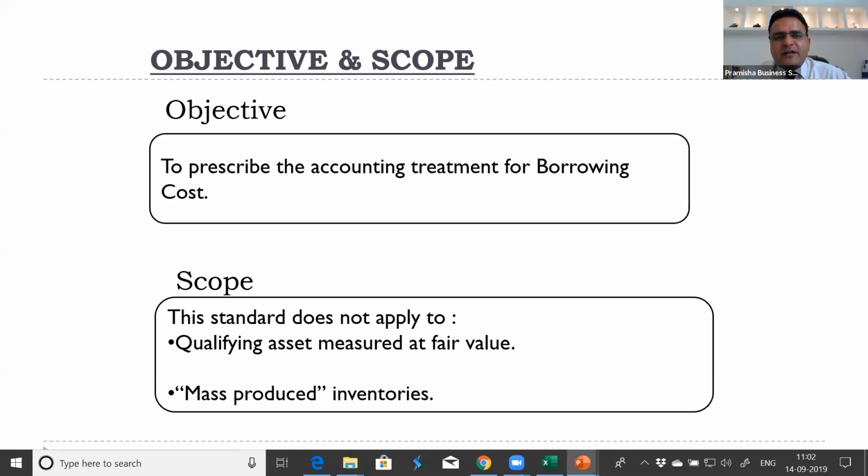So if you measure something at fair value, it automatically takes care of all the costs at which someone is willing to sell and someone is willing to buy. So interest costs are automatically inherent in it. Mass-produced inventories do not take a substantial period of time to get ready for intended use or sale. They are produced in a short span of time, so they are excluded from the scope.